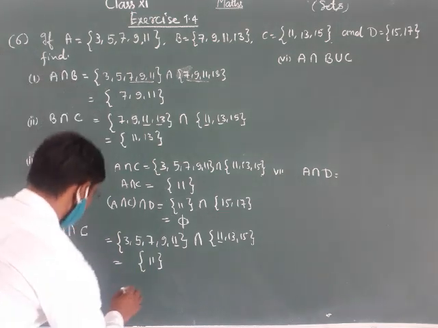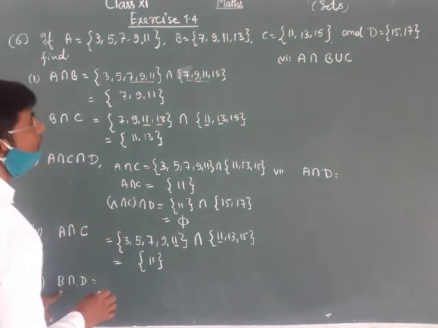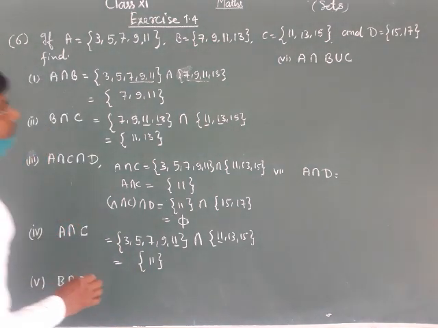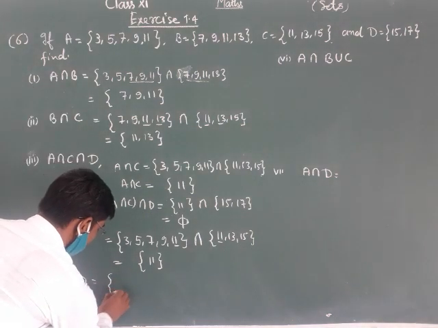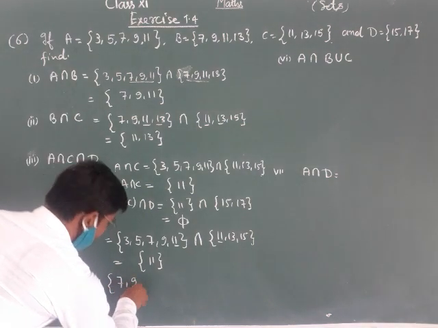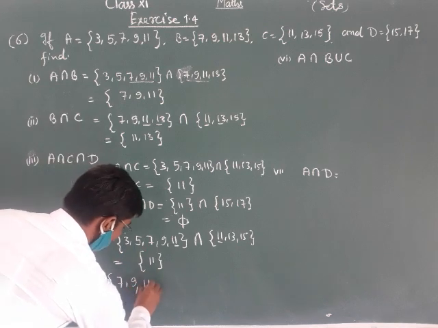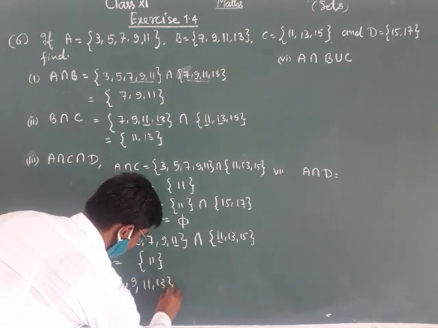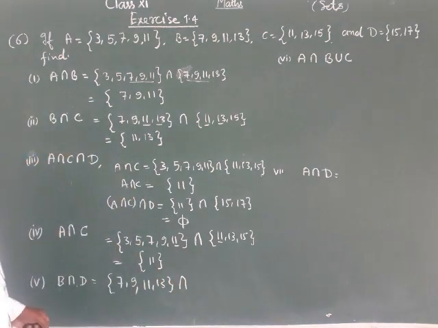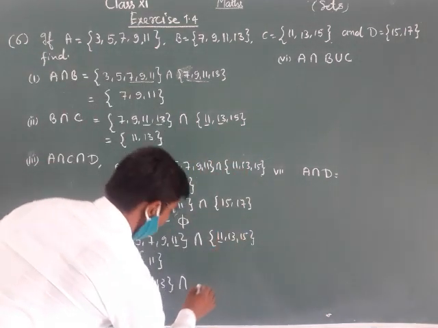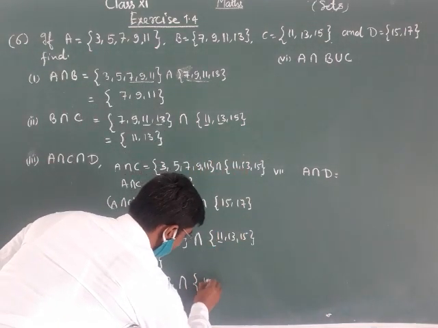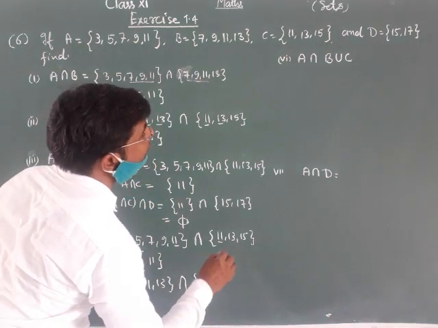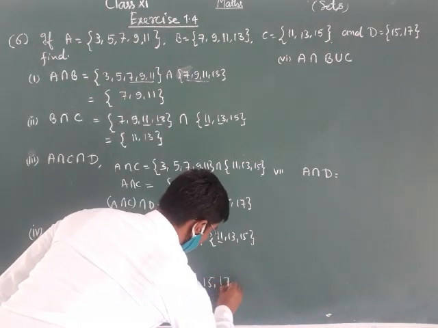So B intersection D: B has elements 7, 9, 11, 13, and intersection D has elements 15 and 17.